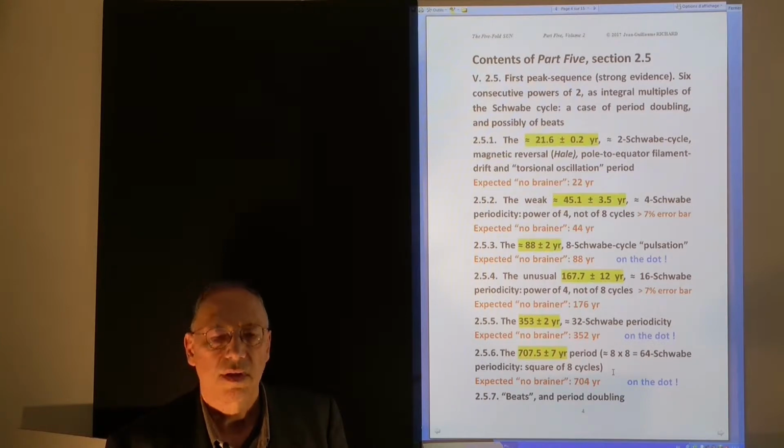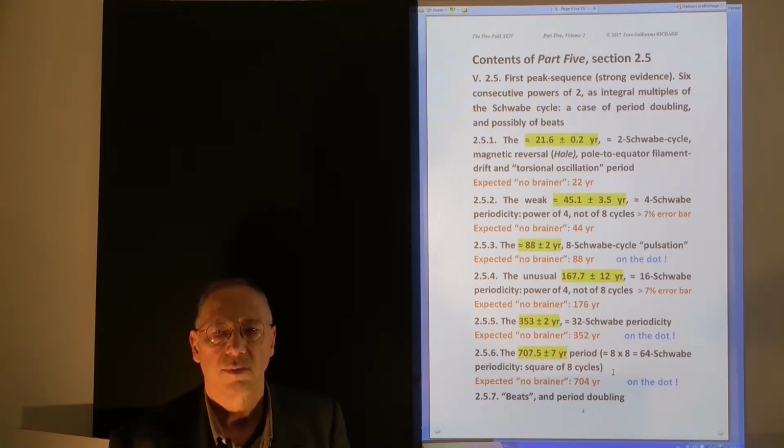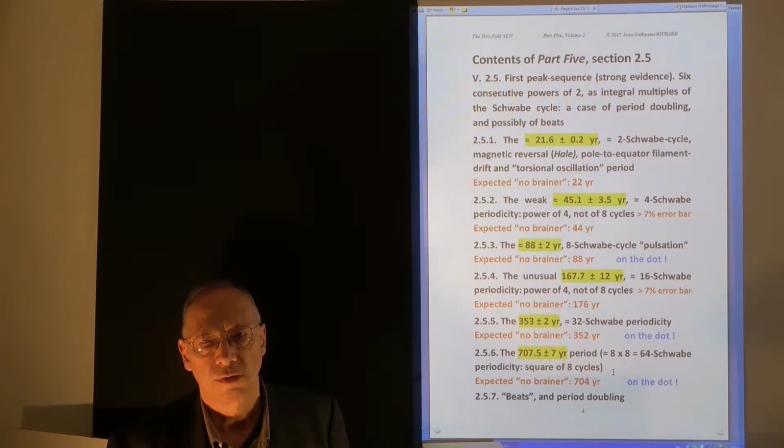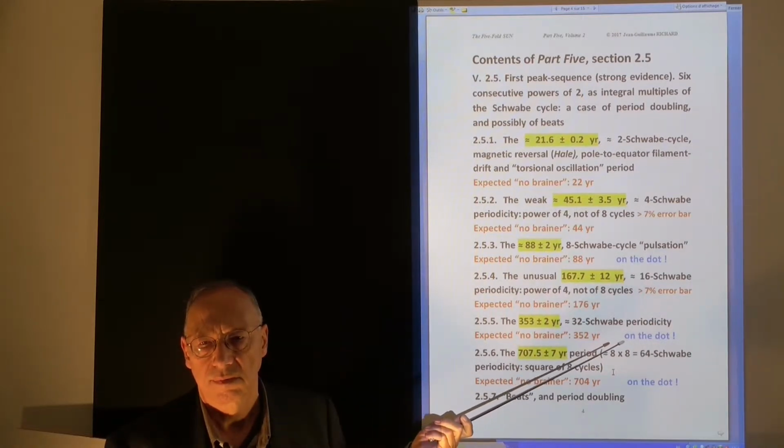We called in the book this sequence the first peak sequence, the one for which we have the strongest evidence. And it is composed of the shown 6 consecutive powers of 2 as the integral multiples of the Schwabe cycle. Of course, they are only approached, but as just said, in several cases they are on the dot.